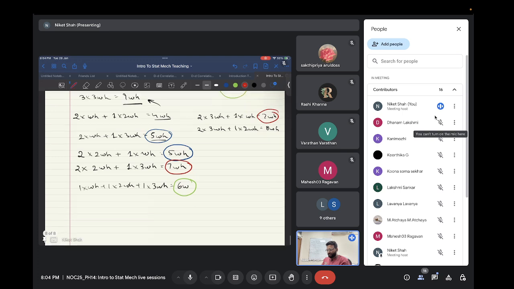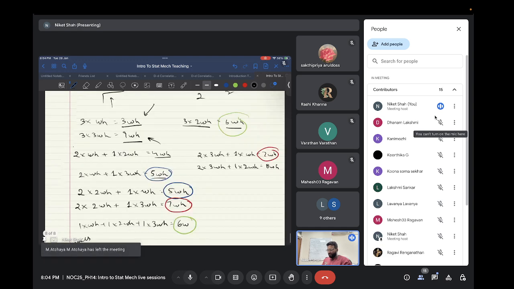So the graph is something like this. You start with one possibility at 3WH, 4WH, then 5WH, 6WH, 7WH, then you fall back to 8WH, 9WH. This is 3WH, 4, 5, 6, 7, 8, 9. I hope this is clear to everyone.